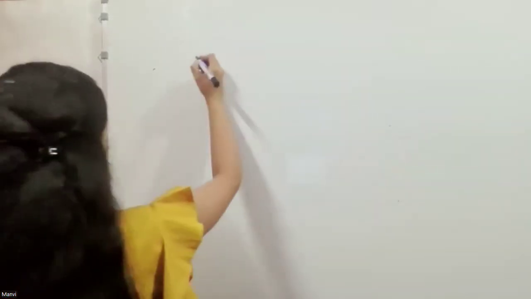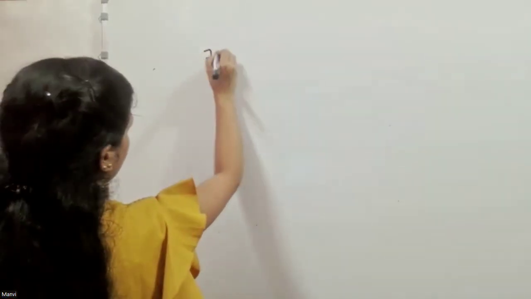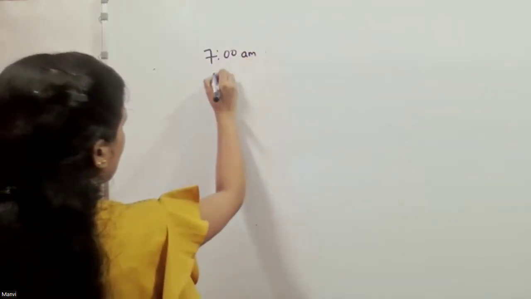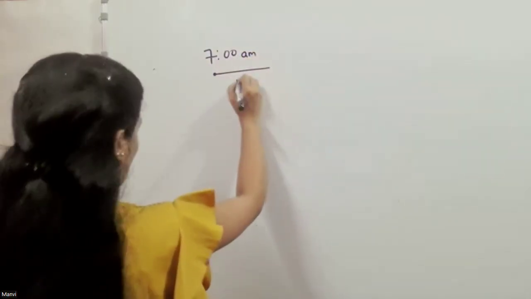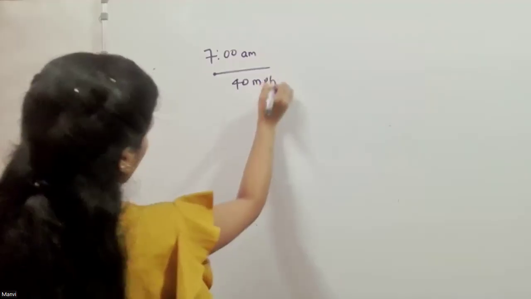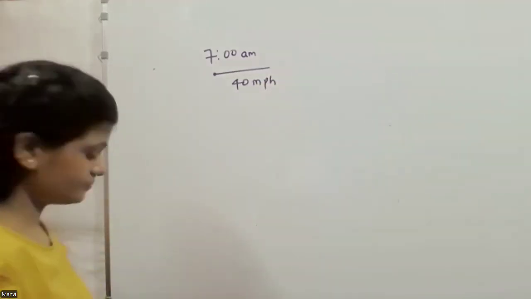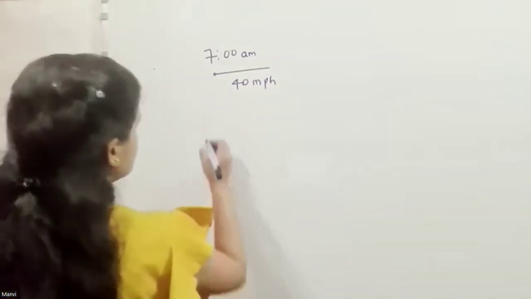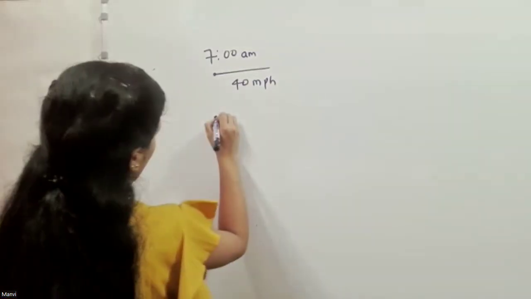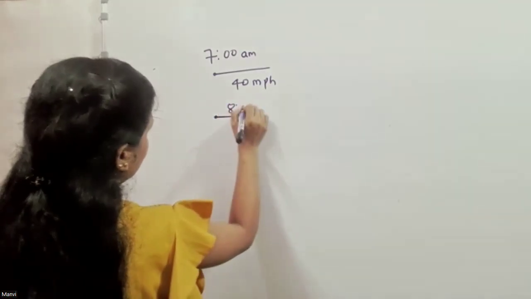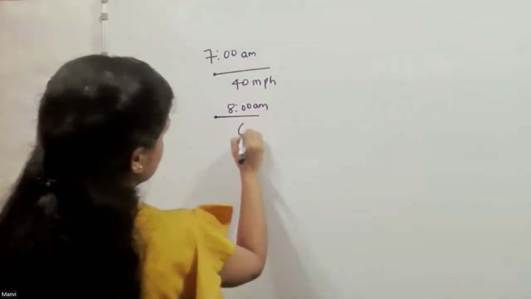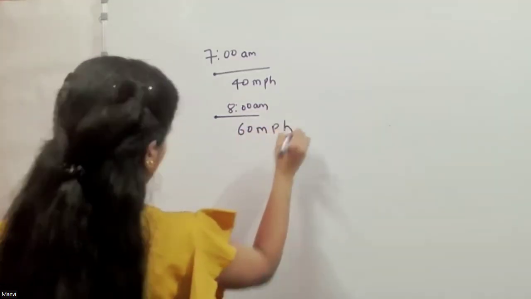Train A leaves the station at 7 a.m. at 40 miles per hour. And train B leaves the same station at 8 a.m. at 60 miles per hour.